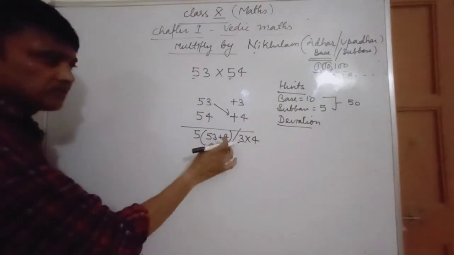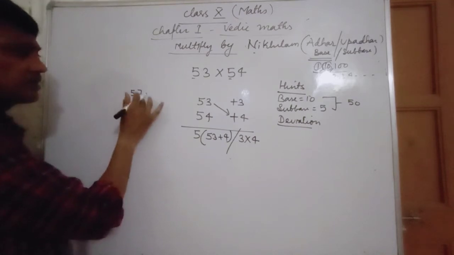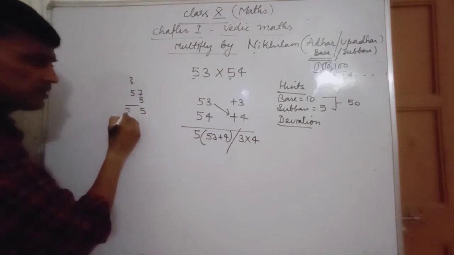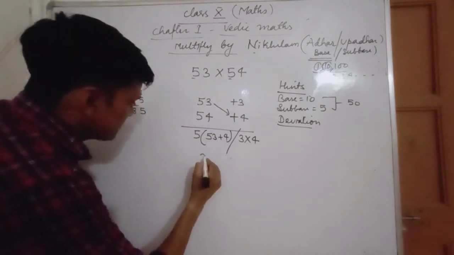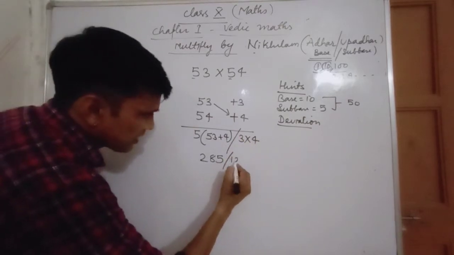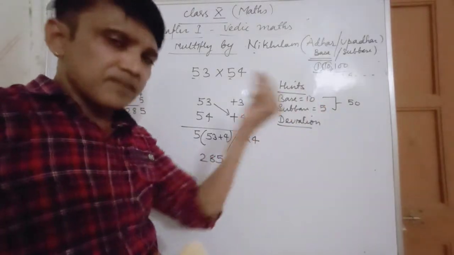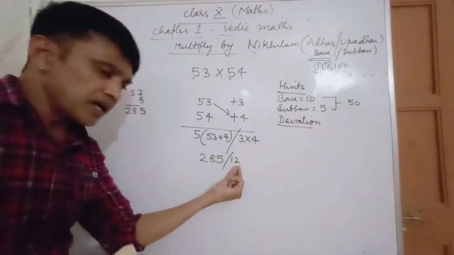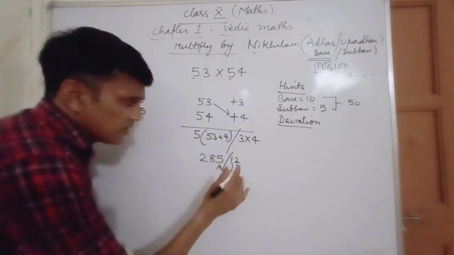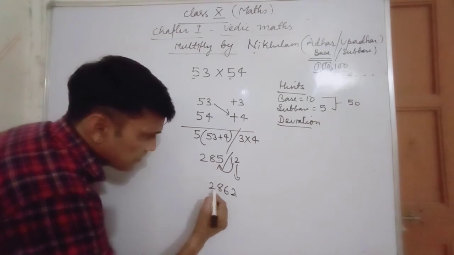See here, 53 plus 4, 57. 57 multiplied by 5. 7 5s are 35, 5 written, 3 carried. 5 5s are 25 and 3 is 28. 28 5, dash, 3 4s are 12. Now see, since the base is 10, you have to put one digit here and 1 to the next column. 2 and 1 is 3. 28 and 1 carried, answer is 2862.